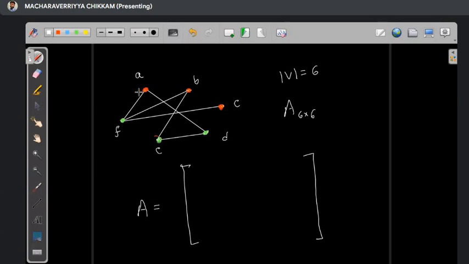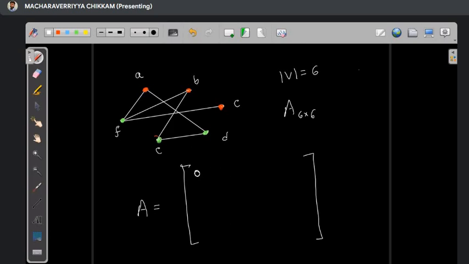So we need to write a 6 by 6 matrix. Now is there a connection from A to A? It means is there a loop? There is no loop, right? A is not connected to A. So we say that it is 0. If there is a loop, then we will keep 1 here. Next, let us come to the 1 2 position.